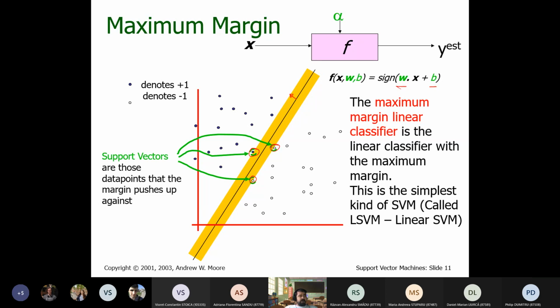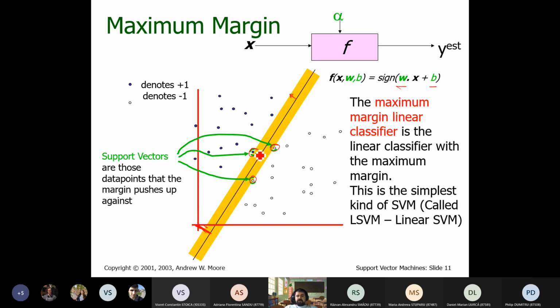They are extremely important because they establish both the offset and the orientation of the classifier. I told you two lectures ago that when we want to find a classifier, we need two pieces of information. First, the orientation of the classifier, to know how to put it in space. And the second thing that we need is the offset compared to the origin, so this distance, to know where to place it.